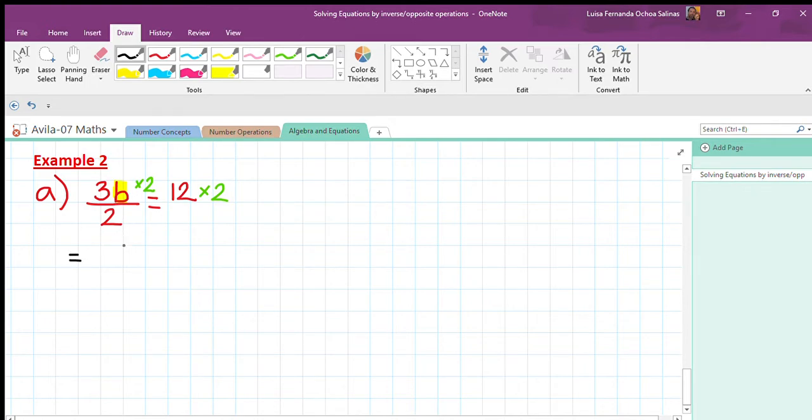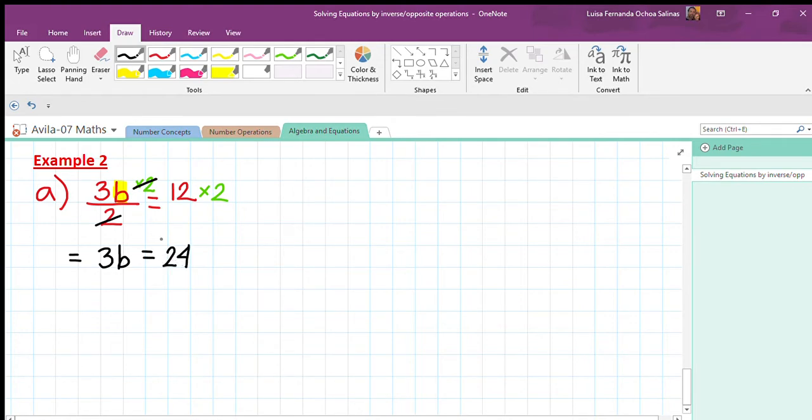As I have said in all algebra, I'm going to check your notebooks that you're actually doing this downwards, okay? Because I'm multiplying by 2 and dividing by 2, I can cancel these 2s because that becomes a 1. Therefore, 3b times 1 is 3b, so I can leave 3b here. And on the other side, I do 12 times 2, which is going to be equal to 24.